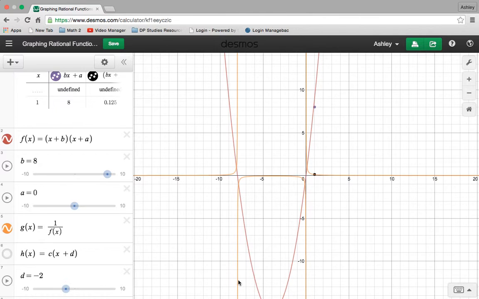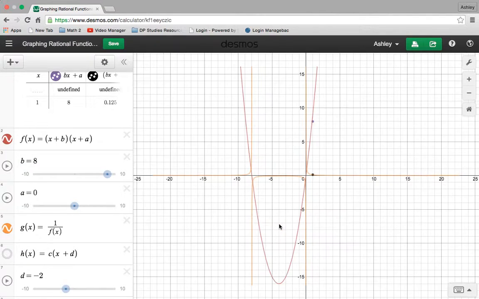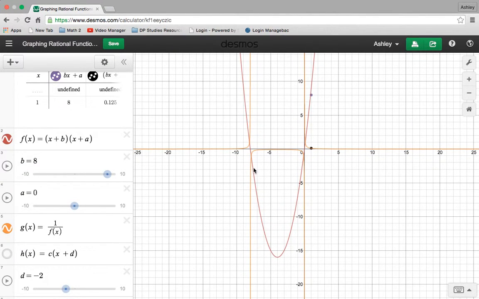The other thing we can see here is that as this graph moves down like this, you can see that this guy is getting a shallower and shallower curve.